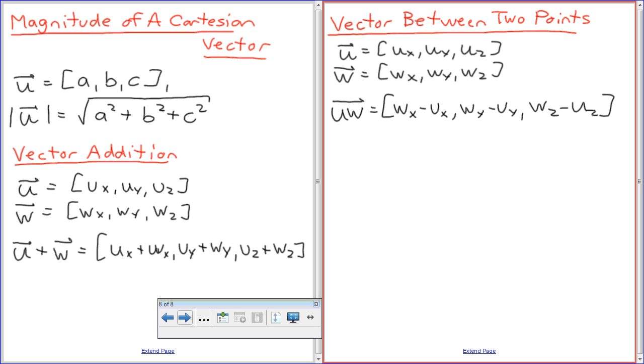I have to get the silly notes out of the way here, and then we'll do examples the second half. This is the same thing that we did in the last example with the parallelogram, where it's the second point minus the first point. That's what you do to find a vector between 2 points.